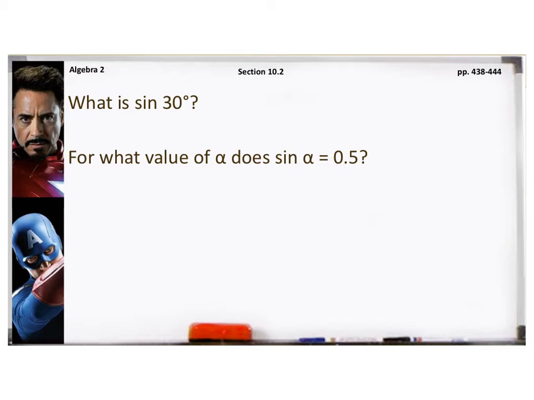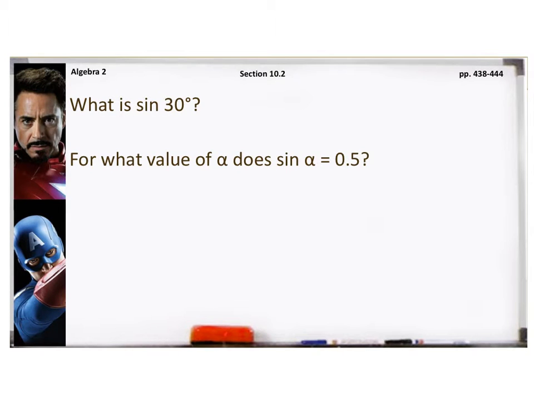All right, sine 30 is 1/2. Put it in your calculator, it comes out 0.5. What value alpha does sine alpha equal 1/2? Well, we just did it, 30 degrees.